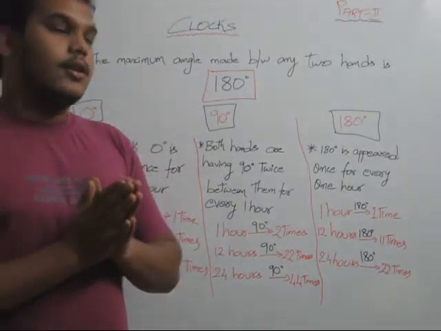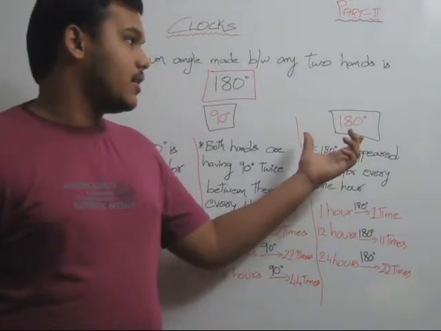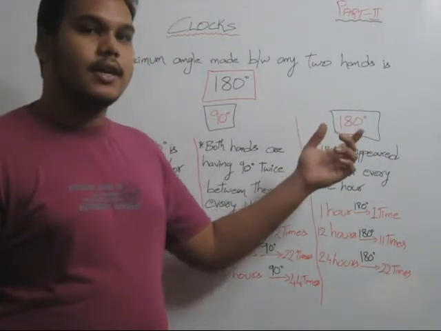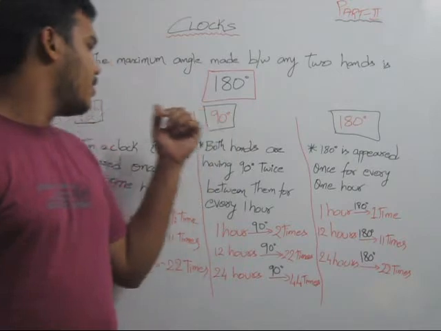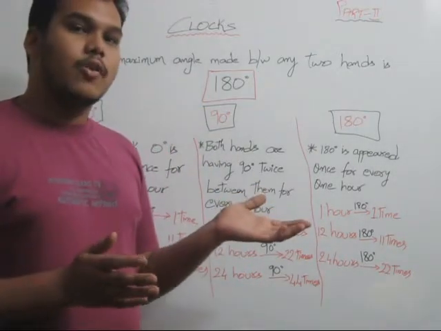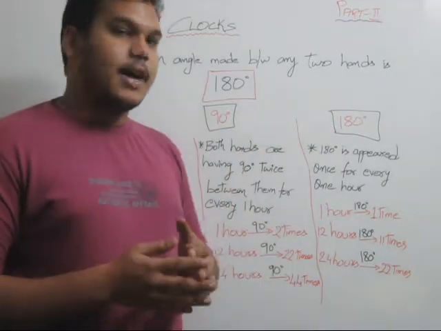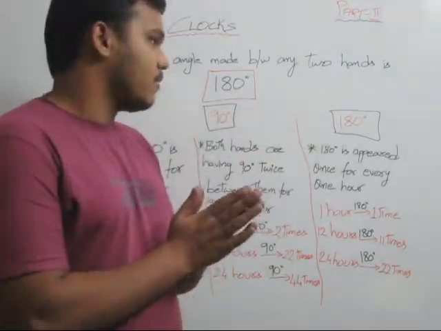So I want to tell the important points regarding these standard angles, that is 180, 90 and 0 degrees. Let us see what the important points related to these angles are and how questions can be asked regarding them.